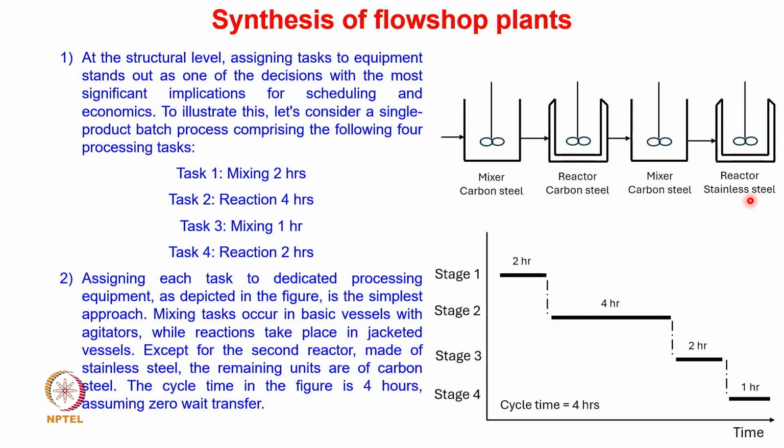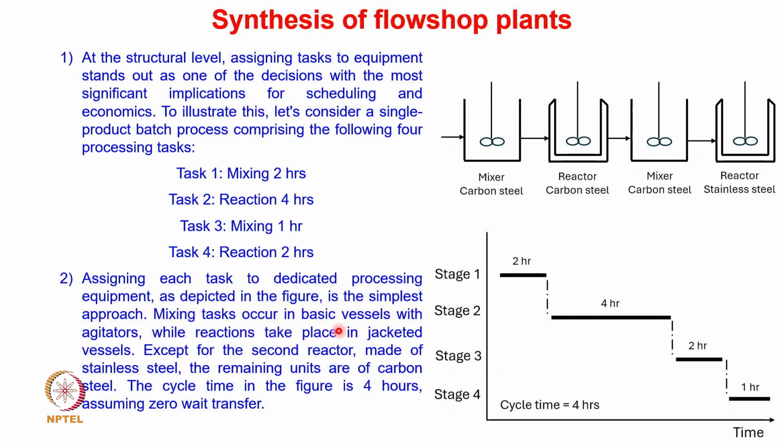If you look at the Gantt chart for this process, it shows the cycle time can be 4 hours, because the maximum processing time is in the reactor. So the maximum cycle time we can have is 4 hours. In this case, assigning each task to dedicated processing equipment, as depicted in the figure, is the simplest approach.